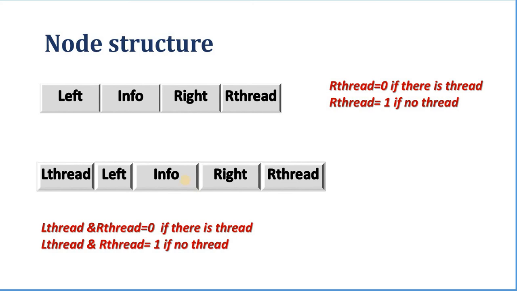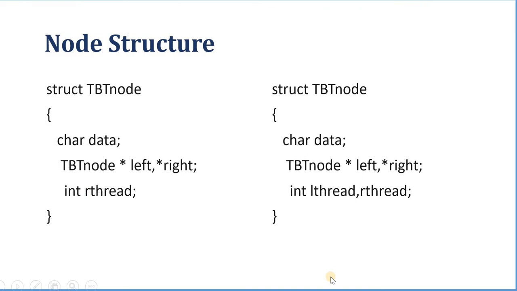So if R thread is 0, what does it mean? The right is holding the address of the in-order successor. If L thread is 0, the left pointer is holding the address of the in-order predecessor. So this is nothing but the node structure of the threaded binary tree.